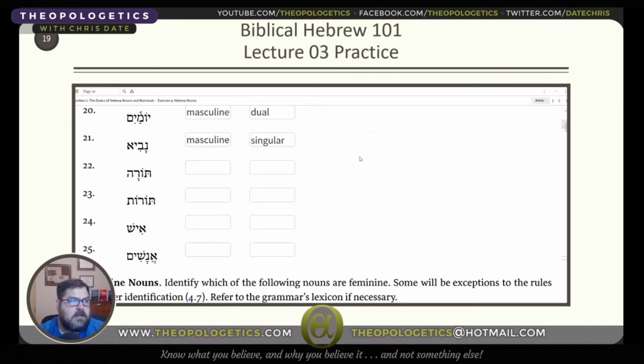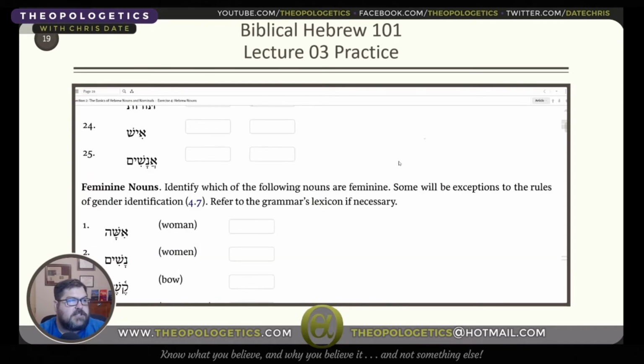Here we have Torah. You have a characteristic kamets at the end, so that's feminine singular. Absolute from Torah, meaning law. Torot, you get the feminine plural ending there, ot. Absolute from Torah, so this is laws. Ish, no characteristic ending, so we're going to say it's masculine singular absolute.